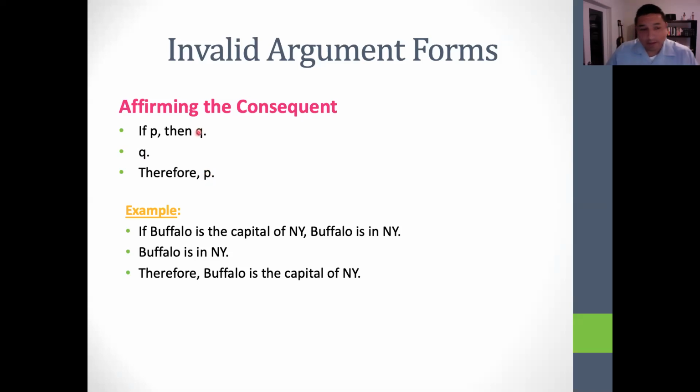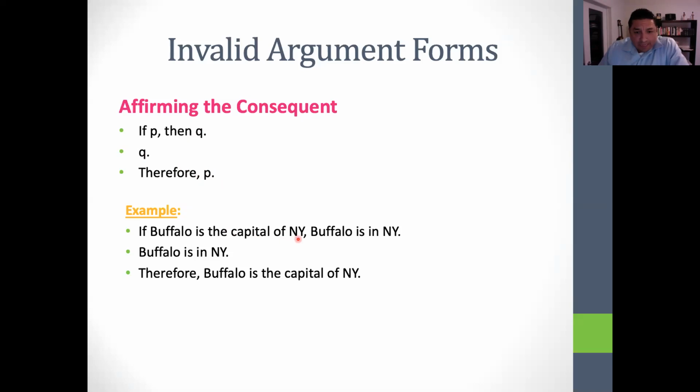Again, this is an invalid argument form, because when you actually do that, you may get a conclusion that is false, even where the premises are true, right? But a valid argument tells you that you have to have a true conclusion necessarily, if you have true premises, in order for the argument to be valid.